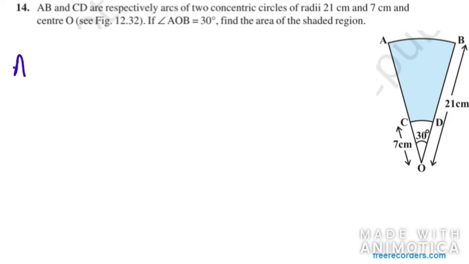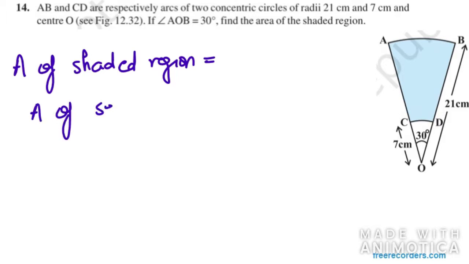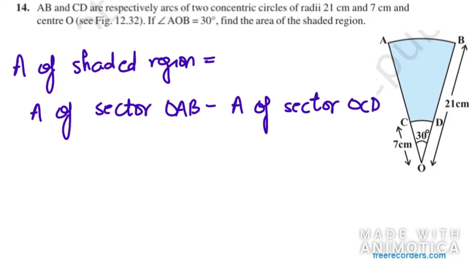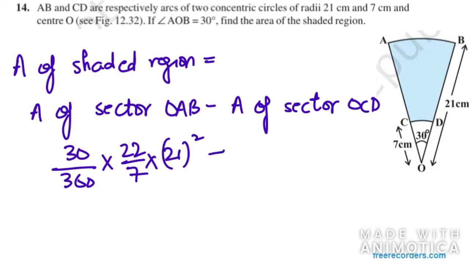So area of shaded region will be area of sector OAB minus area of sector OCD. So area of sector is 30 over 360 into pi r square, so 22 over 7. R in this case is 21 square, and in the second case it will be again 30 by 360 into 22 over 7 into 7 square.